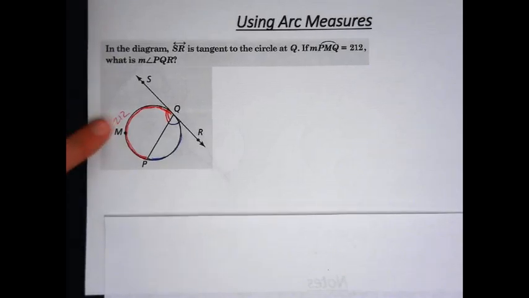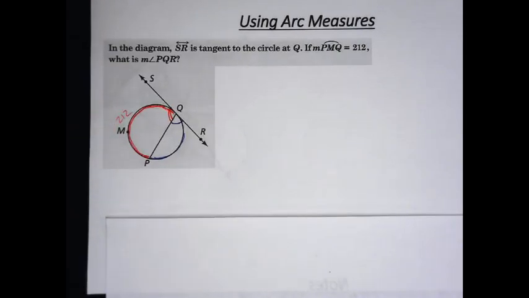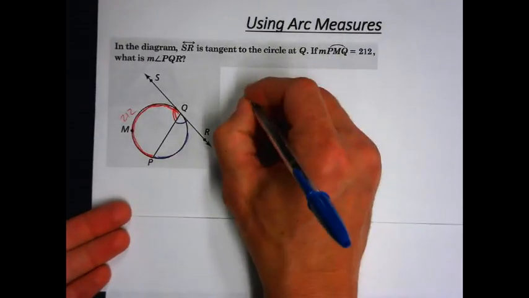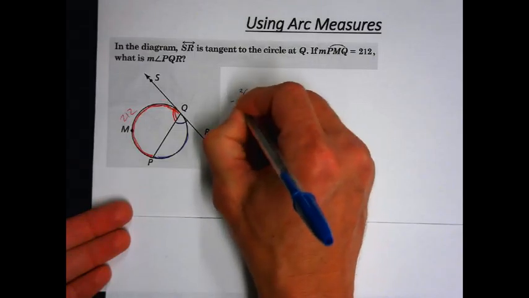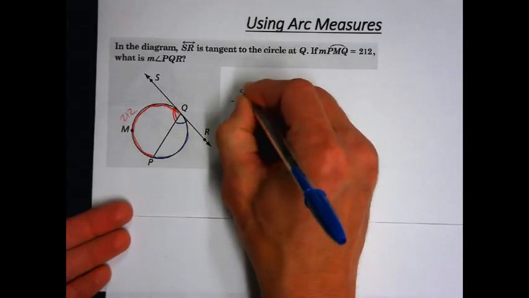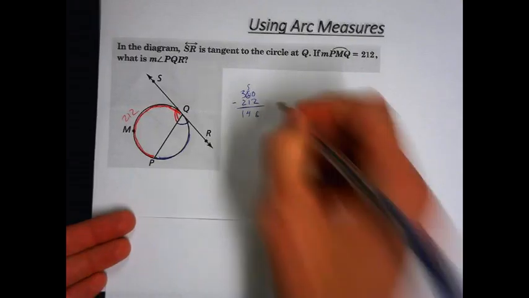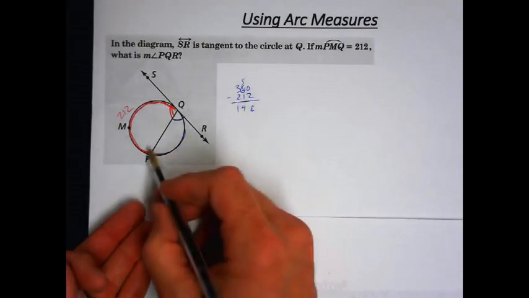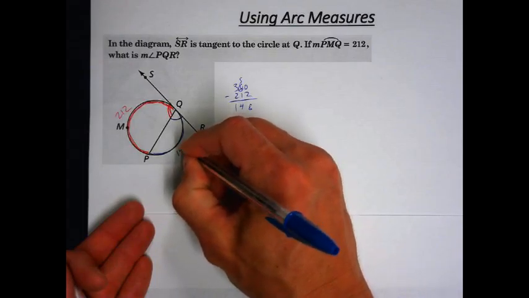Or we can say, given the arc measure of 212, the arc for PQ is going to be 360 minus 212, which is 148.